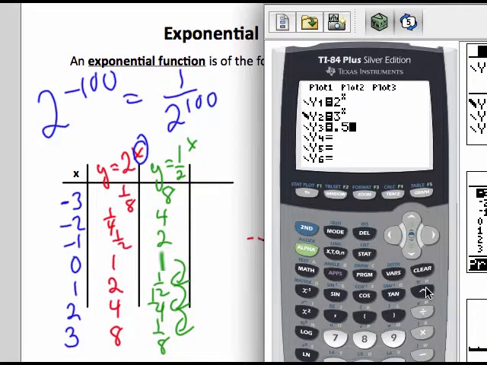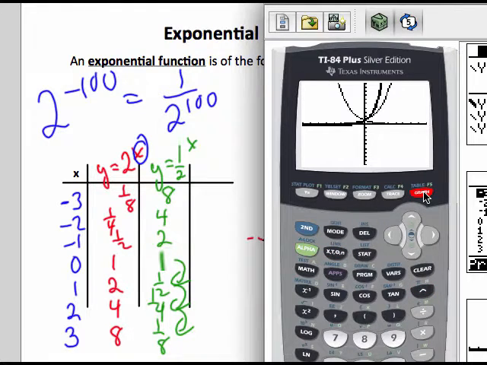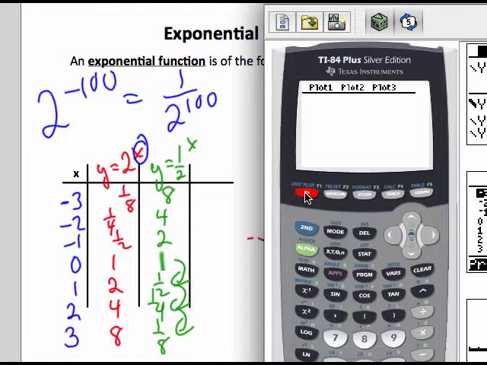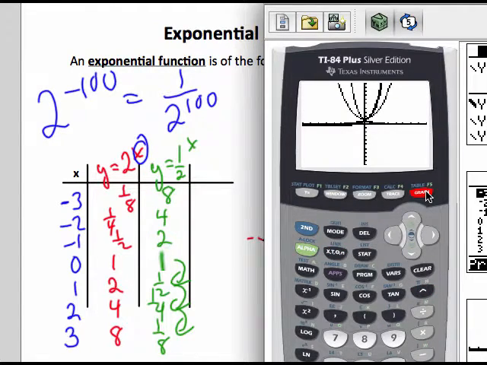So a half to the x falls. If we did a quarter to the x, again, we're multiplying by a quarter, so the quantity is decreasing with time. We get a decay graph that's a little steeper, but again, it's falling.